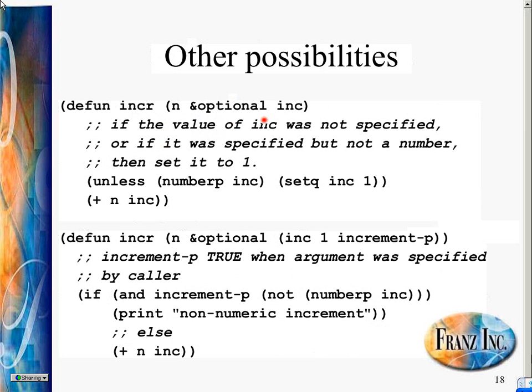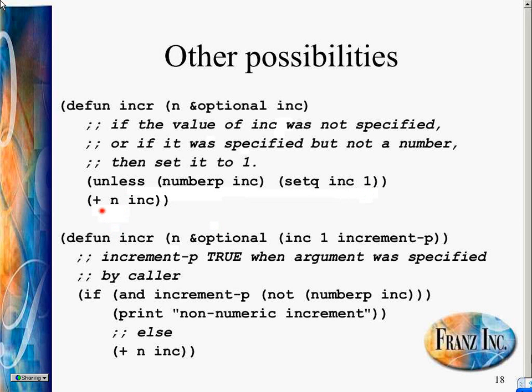Just an example here. Here's an optional argument where we're not giving it a default value. And then we come down here and we say, unless it's a number, we're going to set it to 1. In other words, if it were its default, which is nil, or if it was specified to be some value that wasn't a number, we're just going to ignore that and set it to 1.